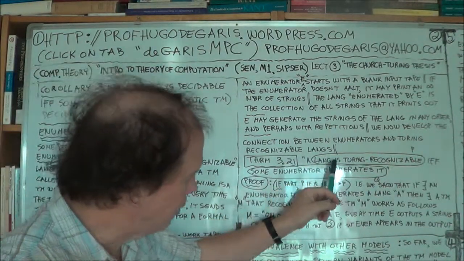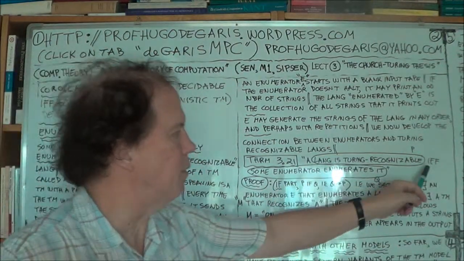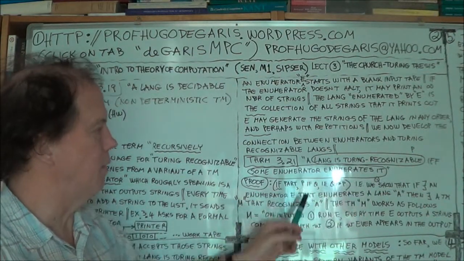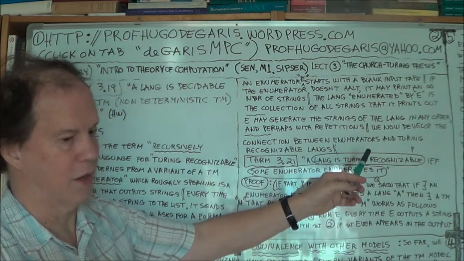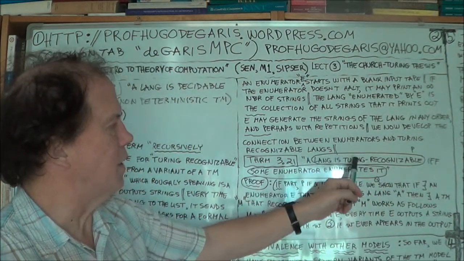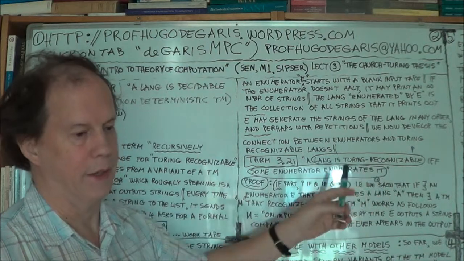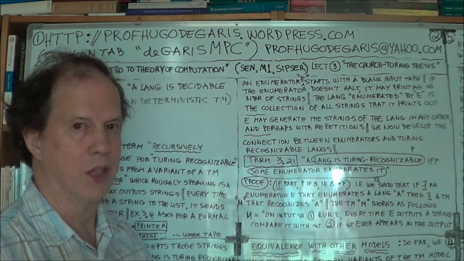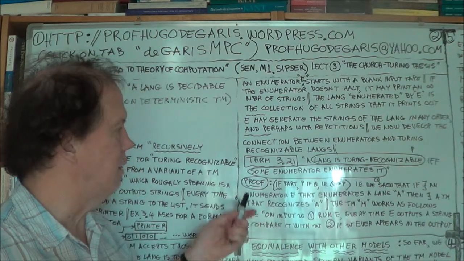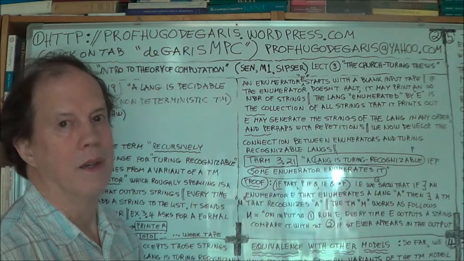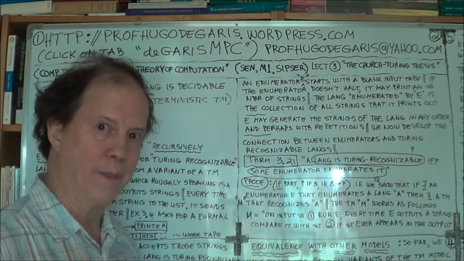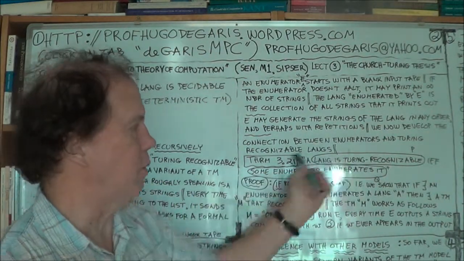A language is Turing recognizable if and only if there's some enumerator that enumerates it. Effectively, it's both ways of course, but it's saying if a string is accepted by the standard Turing machine M, then it'll be printed out by the enumerator, by the printer. And it'll go both ways.